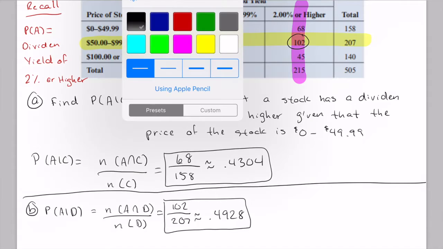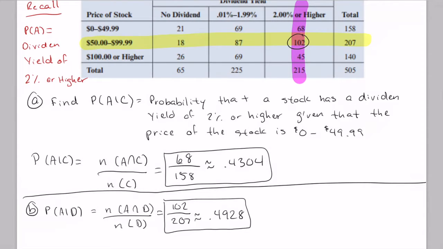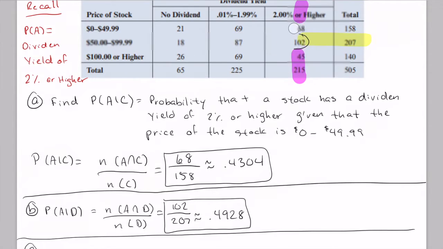Now we're at C. Let's again erase our little table so it's easier to see.